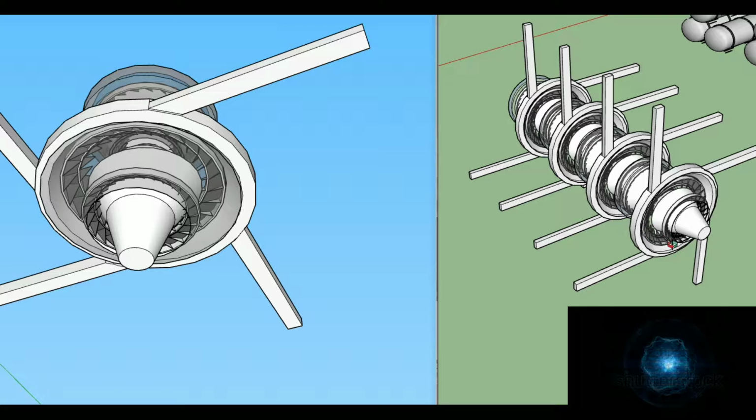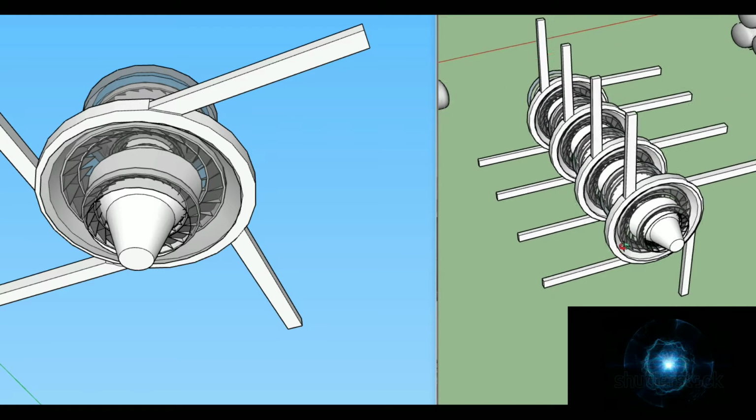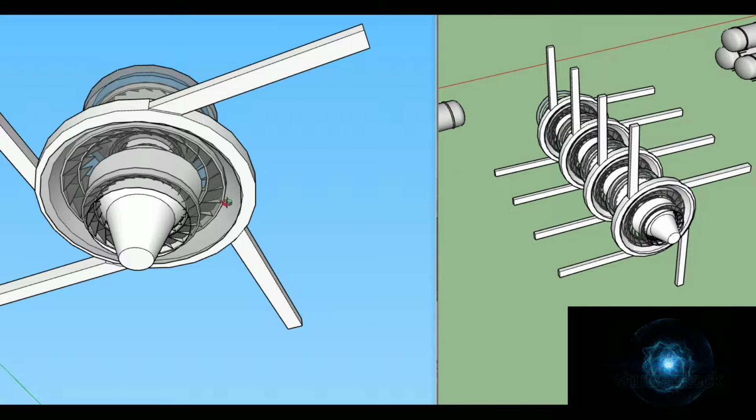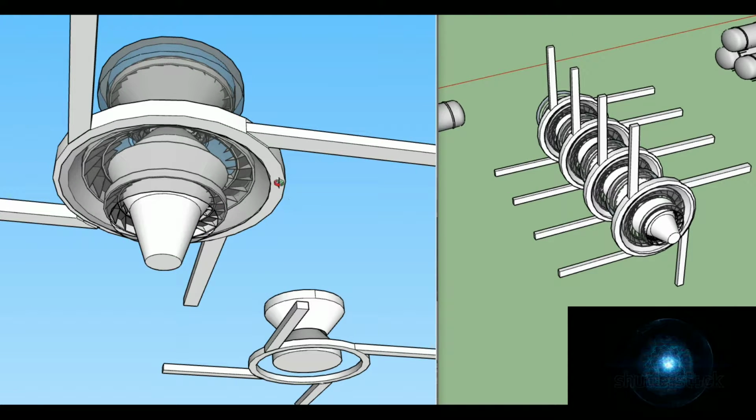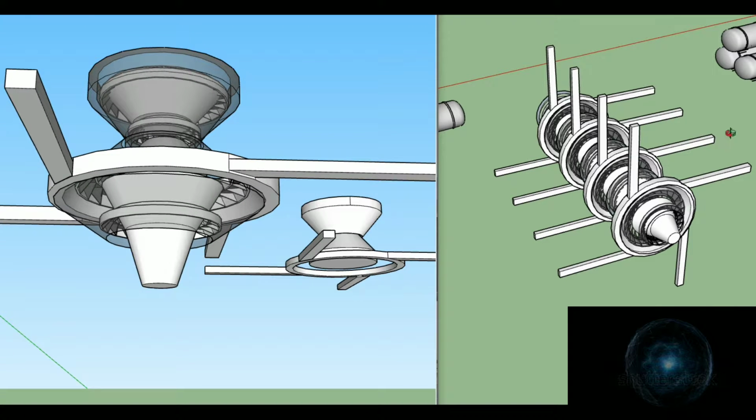So now I'm going to show you. That was basically how the compression was shown. On the left, this is an individual unit. The individual unit here is shown where the airflow is compressed inside of the generator. The generator has four cells inside.